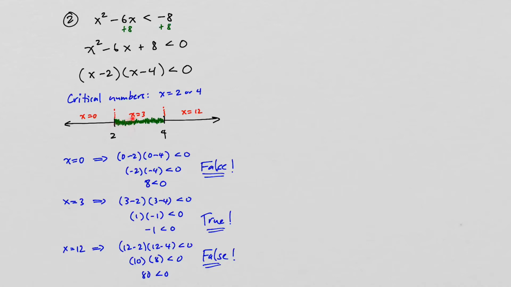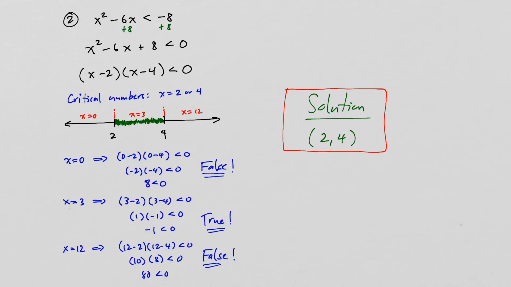So the only solutions are the numbers in between 2 and 4. And this time, there's no equal sign, so we will not be including our endpoints. So our solution here is all the numbers in between 2 and 4. And again, we like to write our solutions in interval notation.